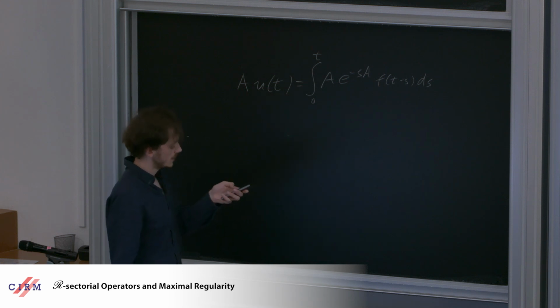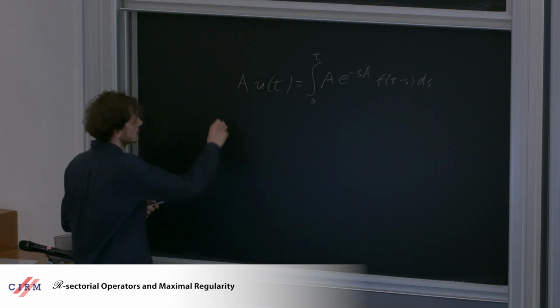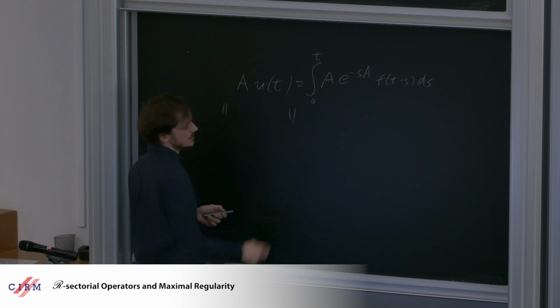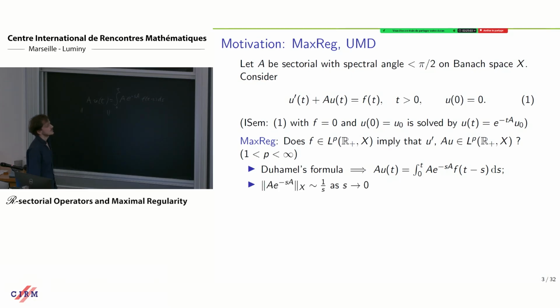A naive way to check this would just be to take the norms and then move the norms inside. But we see as s goes to 0, the norm of this term behaves like 1 over s.